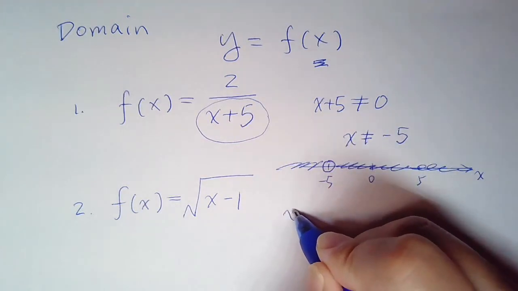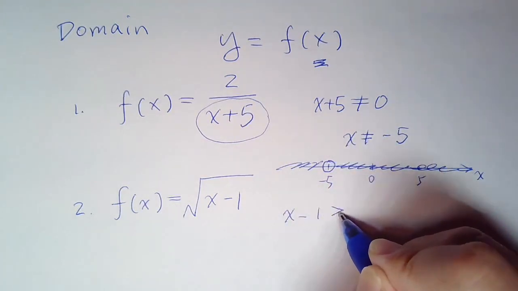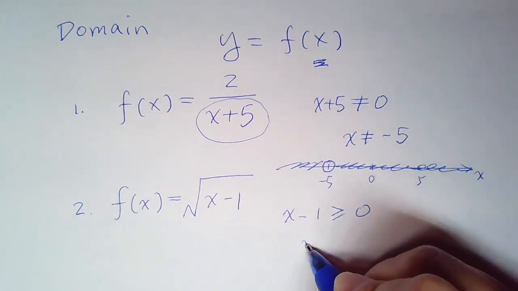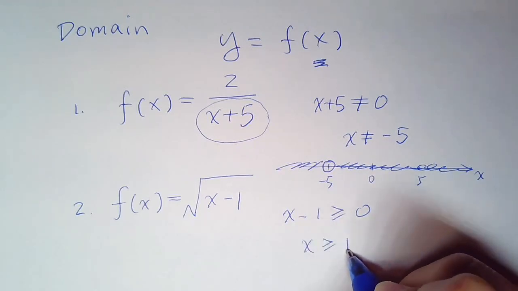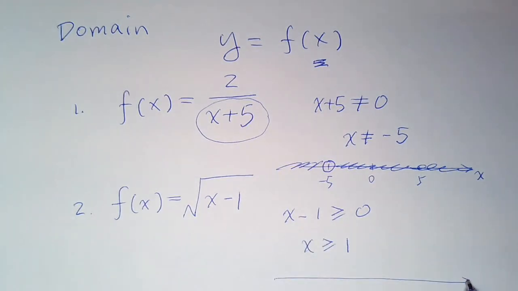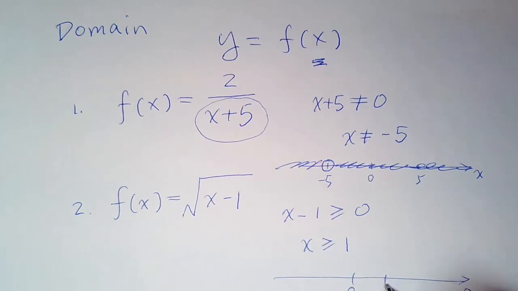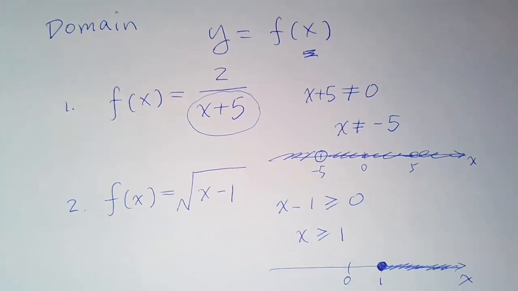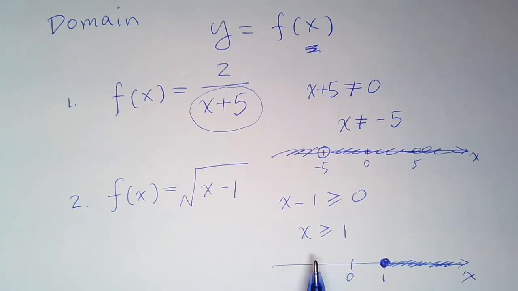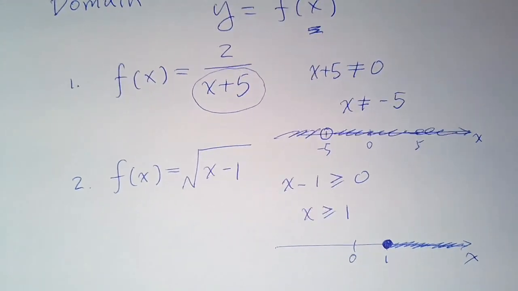So you have x minus 1 greater than or equal to 0, so x greater than or equal to 1. If you show this on the number line, here's a 0, here's a 1. It's going to be 1 and above, and a solid point because x could be 1. So x will be all real numbers greater than or equal to 1. That's the domain for this.